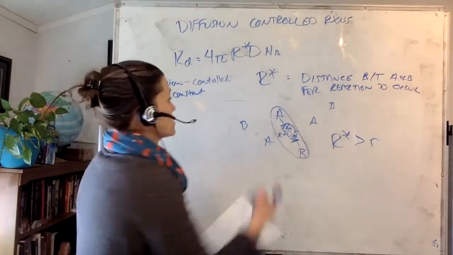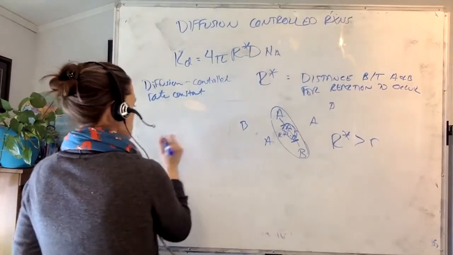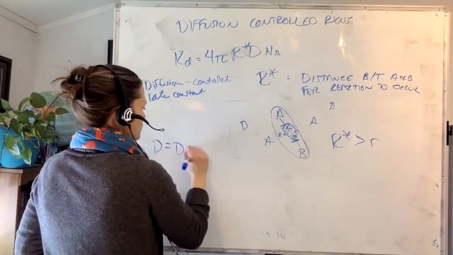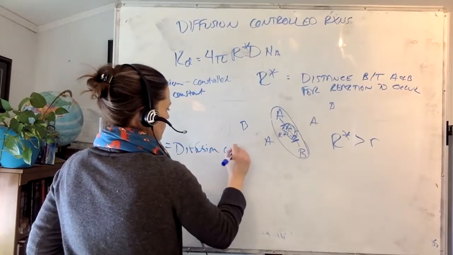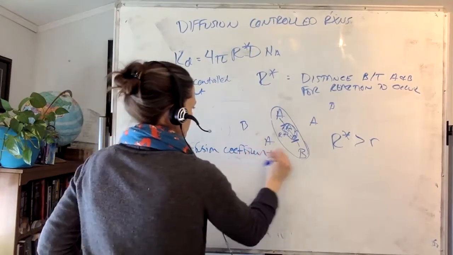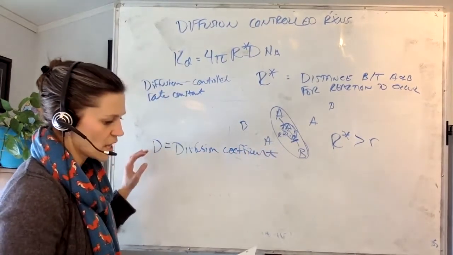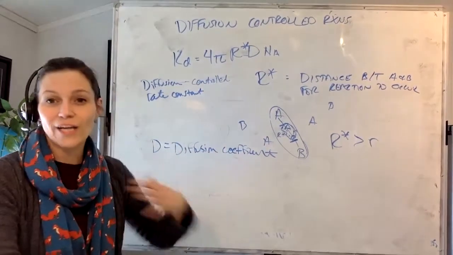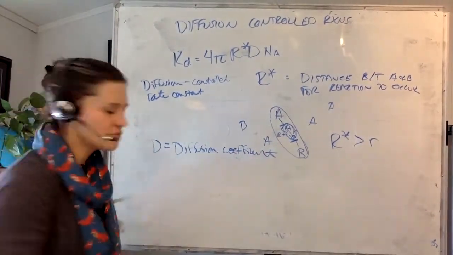Okay, so D is the diffusion coefficient. This is a quantity that dictates the rate of flux. Let's talk about flux.